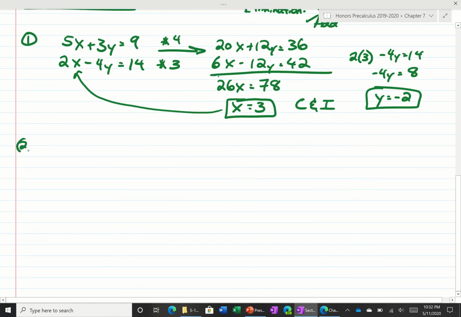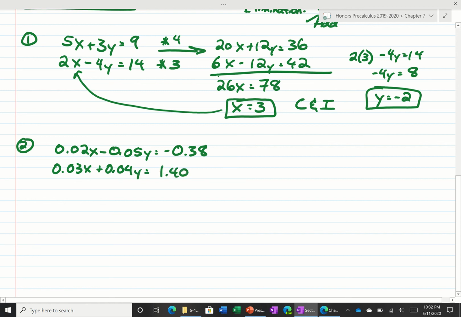One more example. What if we had a problem like this? 0.02x minus 0.05y is equal to negative 0.38, and 0.03x plus 0.04y is equal to 1.04.